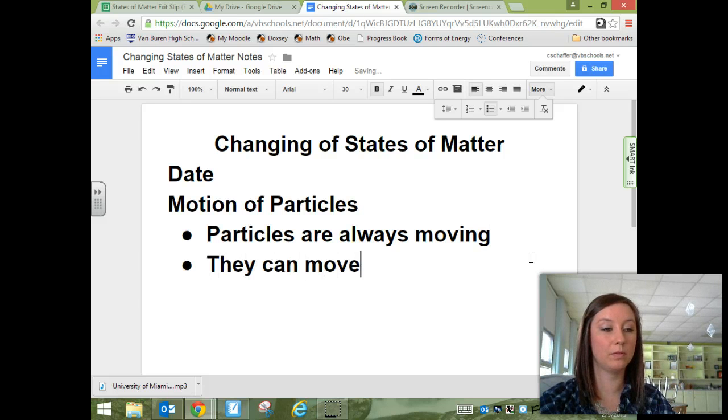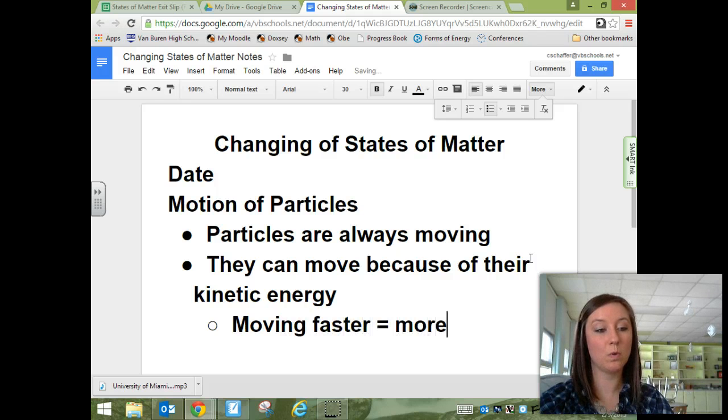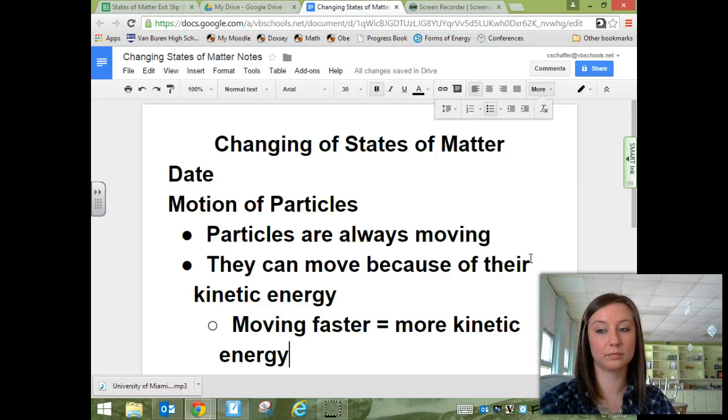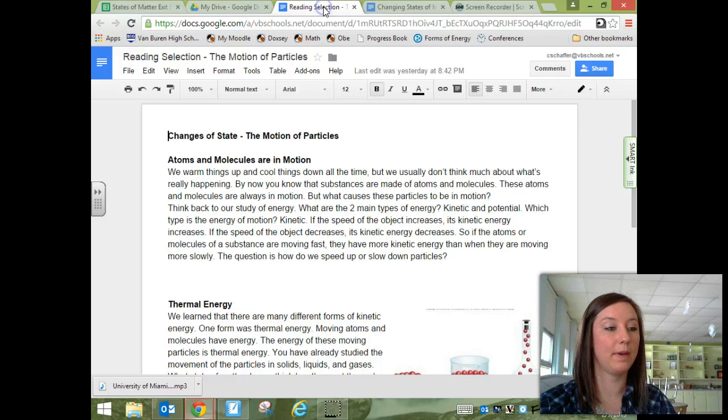They can move because of their kinetic energy. And then I'm going to tab over and say moving faster equals more kinetic energy. Okay, going back to our reading.